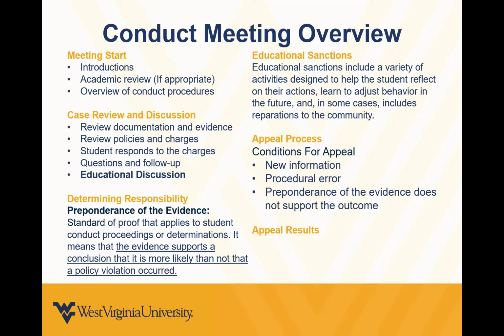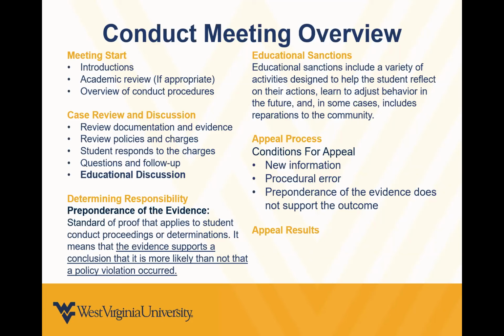There are 3 reasons for an appeal, and these include: there is new information that was unavailable at the student conduct meeting and would change the outcome of the case. The student conduct meeting procedures were not followed, and the errors affected the outcome of the case. The outcome of the case is not supported by the preponderance of the evidence.